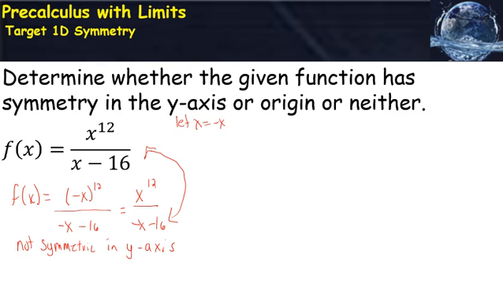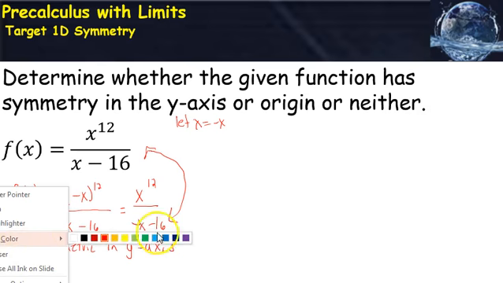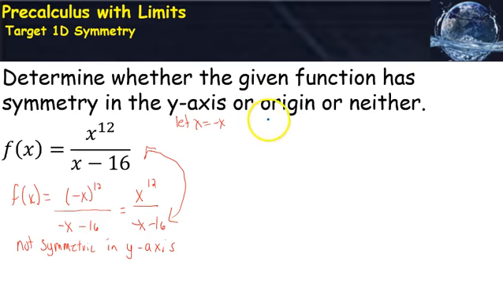Alright, now we've got to check for the origin. So I'm going to do that in blue. For the origin, I replace x with negative x and y with negative y.